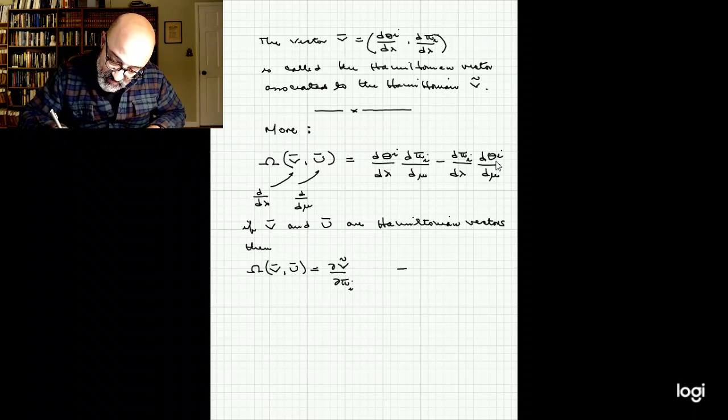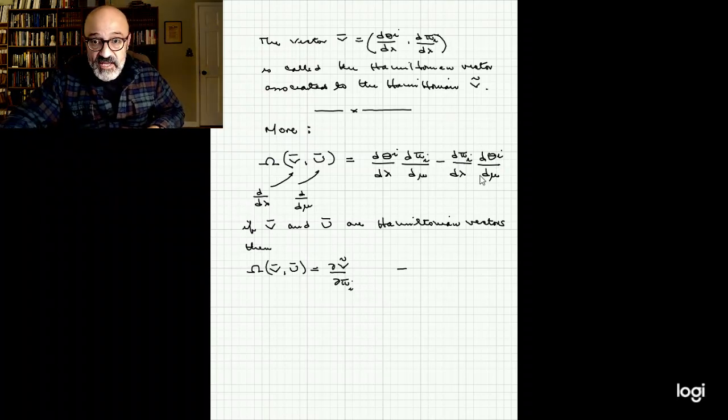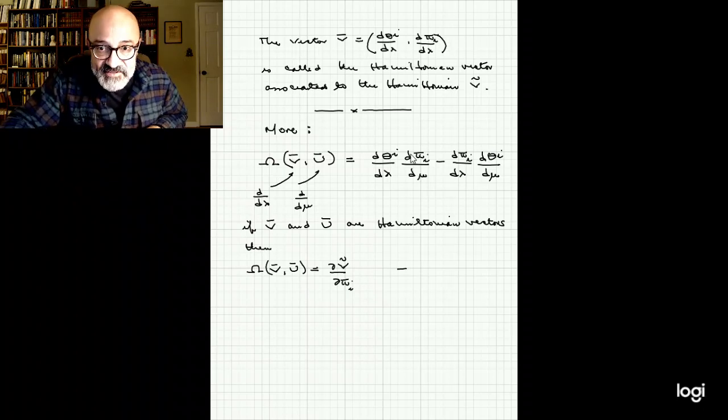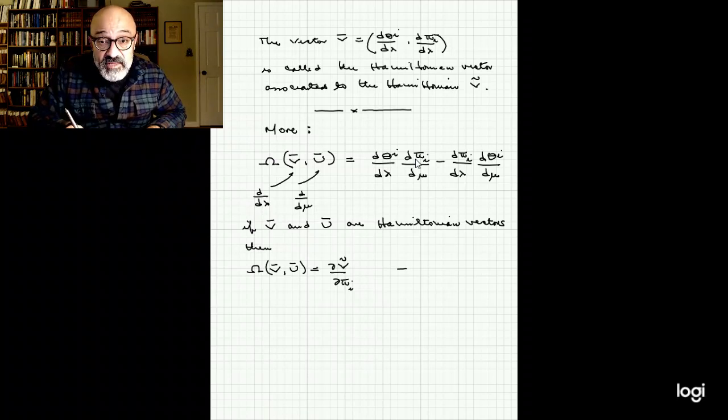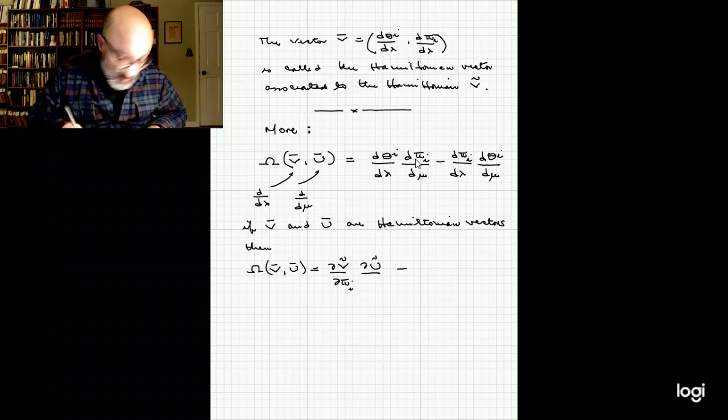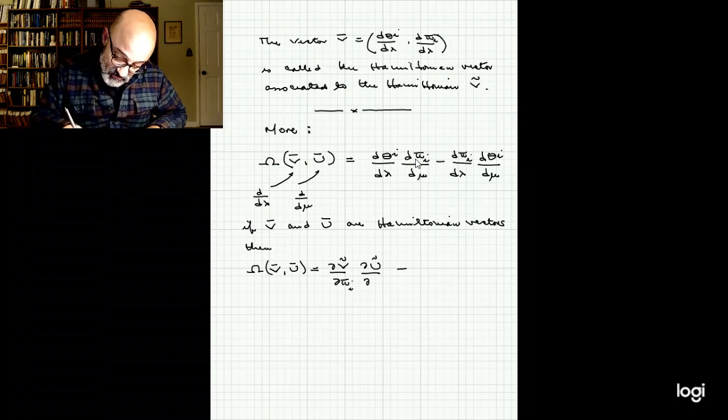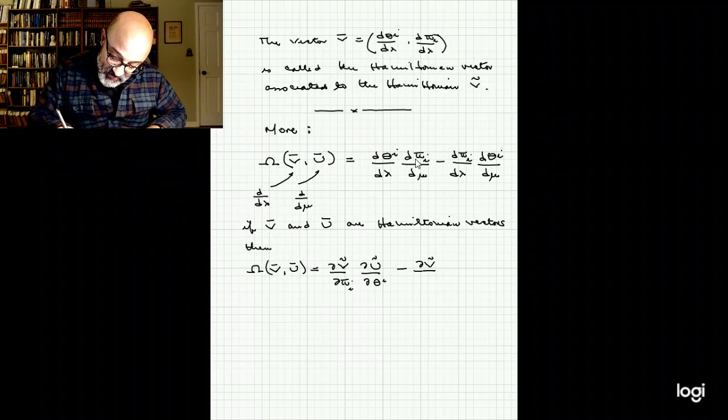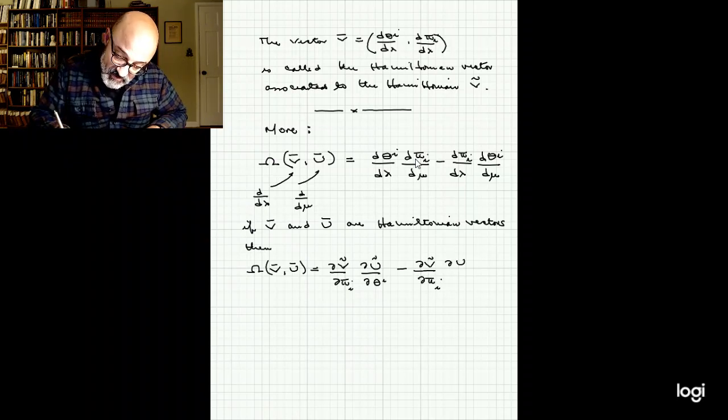This is going to be d pi d mu, and then for the other one here we have dv d theta i with the sign flipped, d phi i, and this is the u, the theta i.